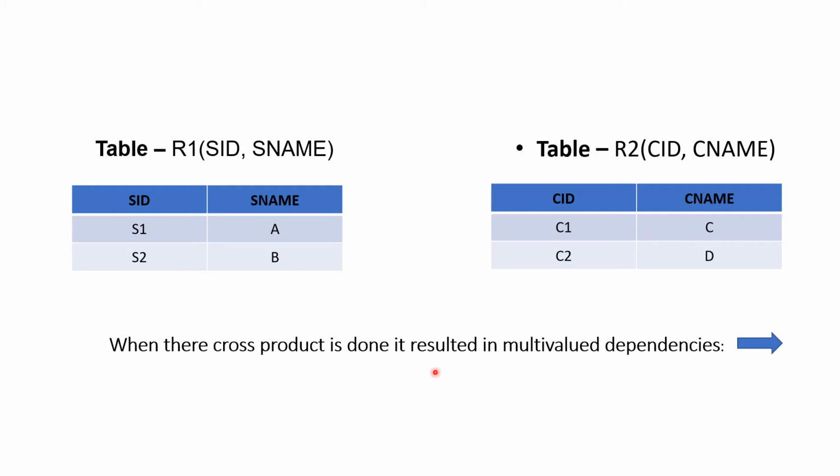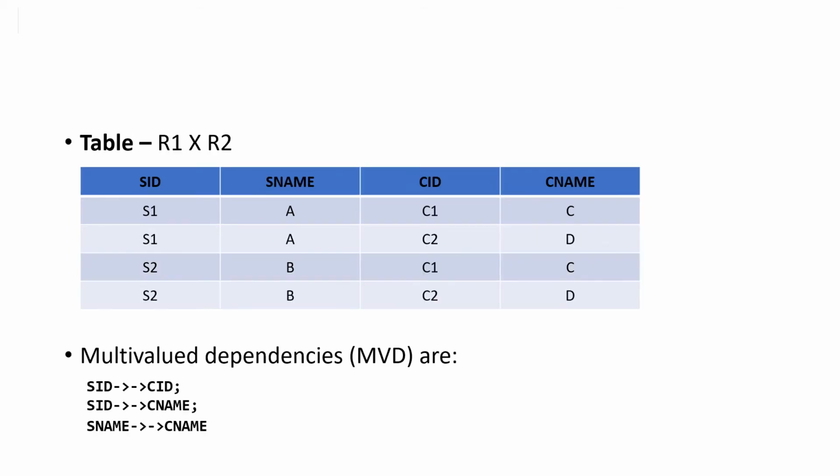When their cross product is done, it results in multi-valued dependencies. Now we see how the multi-valued dependency has come in the table. Here we are taking the cross product of these two relations.